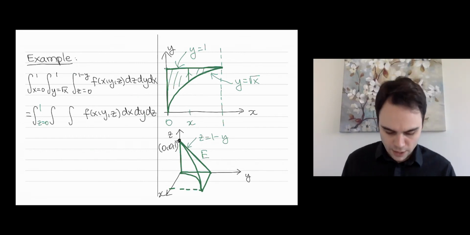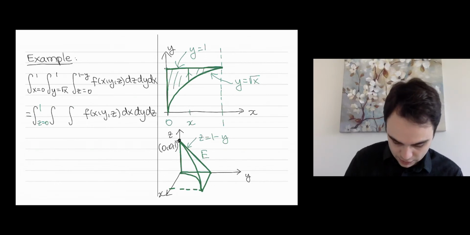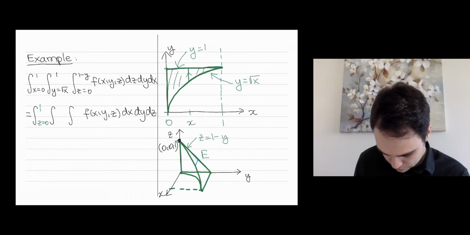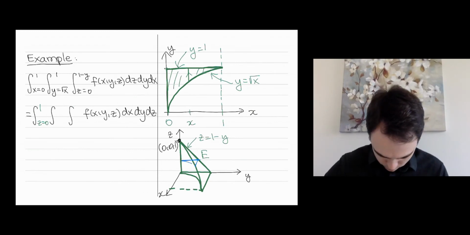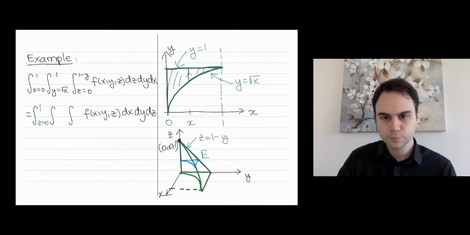Now the inner integrals take place in the z slice. So if I fix a value of z, I will get a shape that looks like this. So this is the z slice in blue.